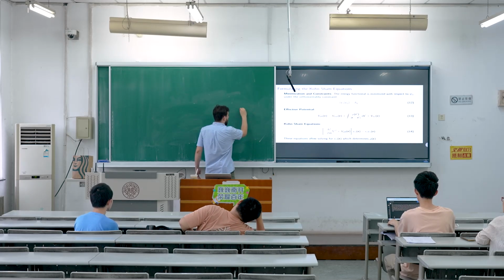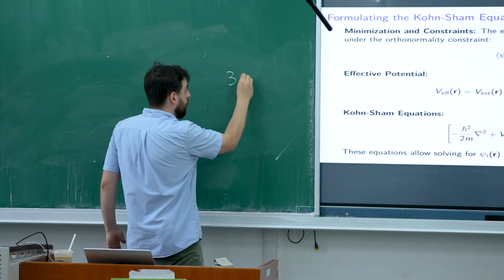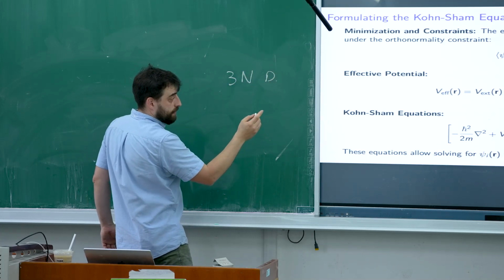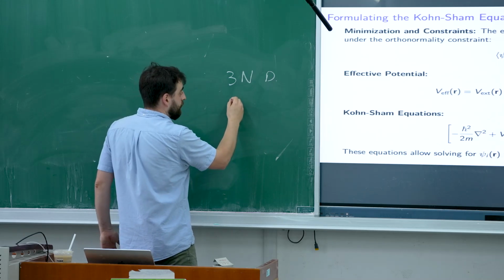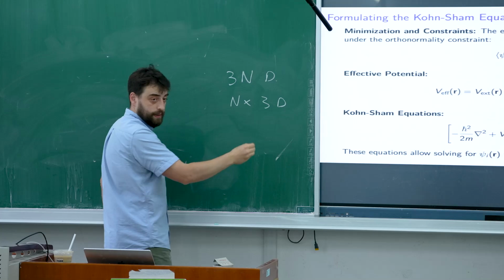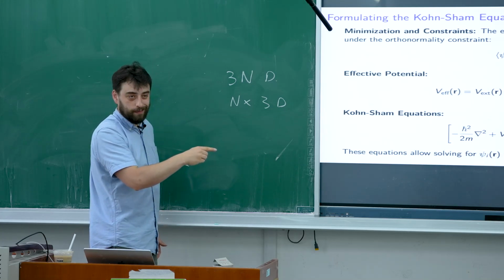If we have the many-body Schrödinger equation, we have 3N dimensions. If we have Kohn-Sham equations, we have N times 3 dimensions. This is a different thing.